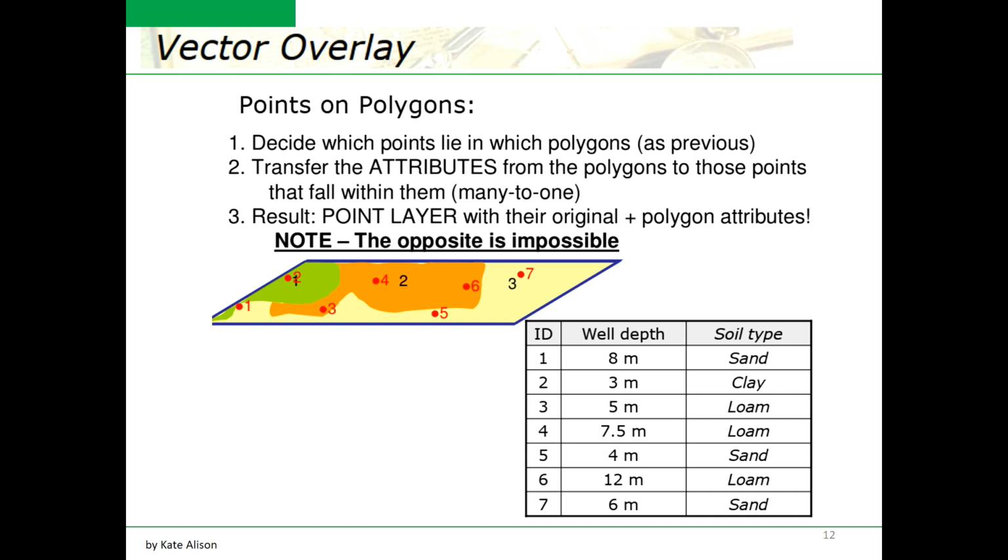And please note that the opposite is not possible. You can't transfer polygon attributes to the polygon using this overlay. You have to use other GIS operations, mainly attribute table operations such as attribute table join.